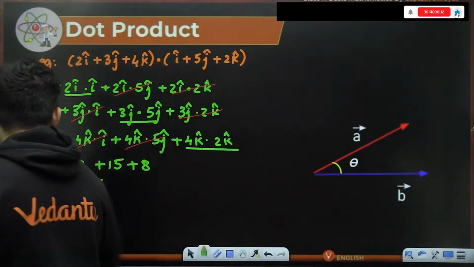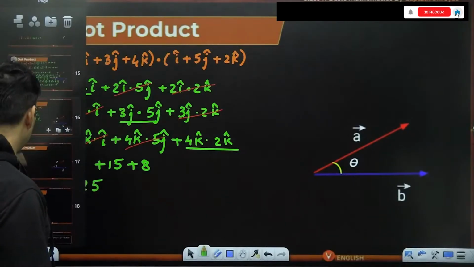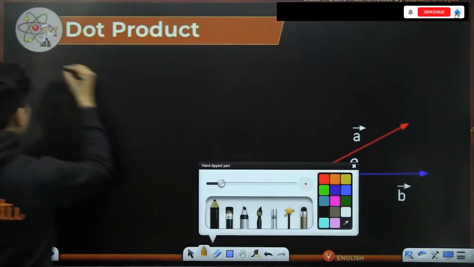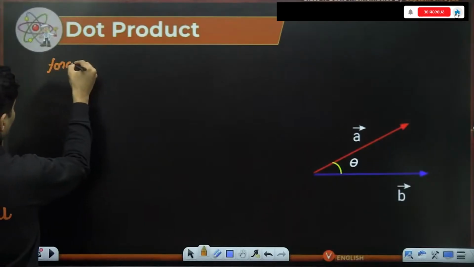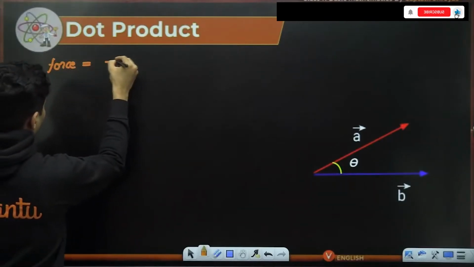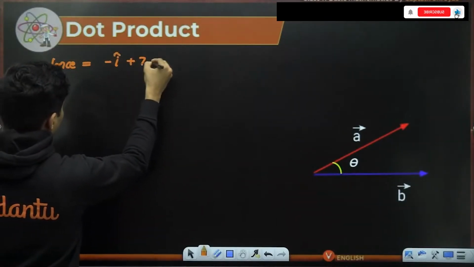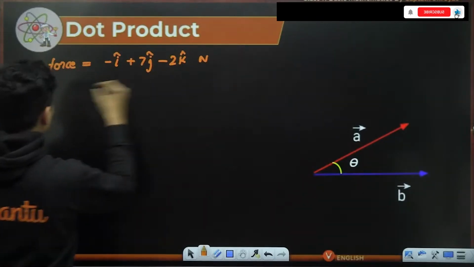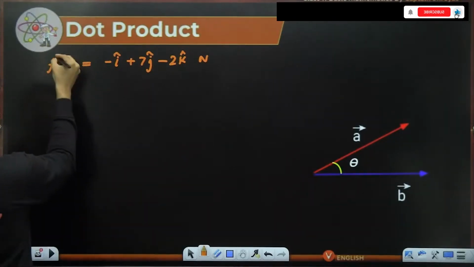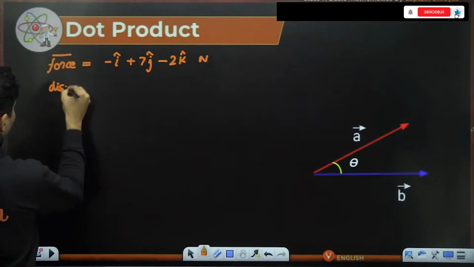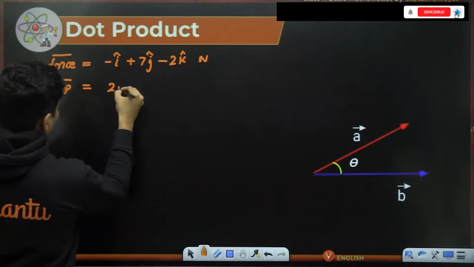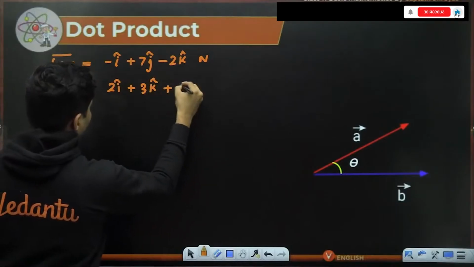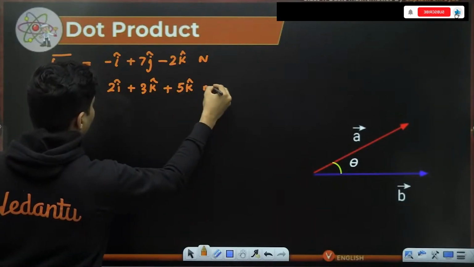Correct. So, if tomorrow you are getting a question like this, listen, force is minus I cap plus 7J cap minus 2K cap Newton, and my displacement vector is 2I cap plus 3J cap plus 5K cap meter.